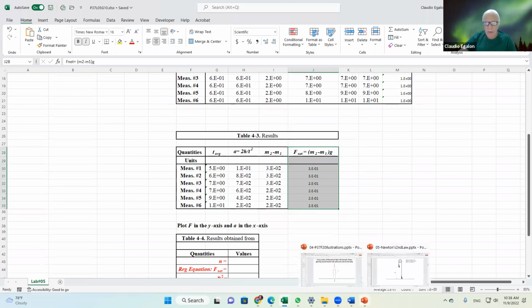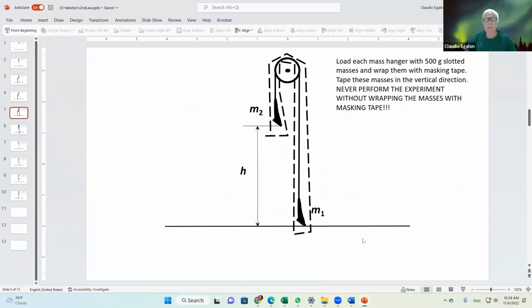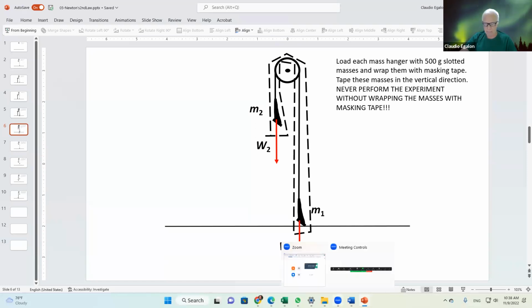The theory is like that. That's my system, right? A system of two masses. We have the weight of 2 pulling down and the weight of 1 pulling down as well. The net force is going to be weight of 2 minus weight of 1.